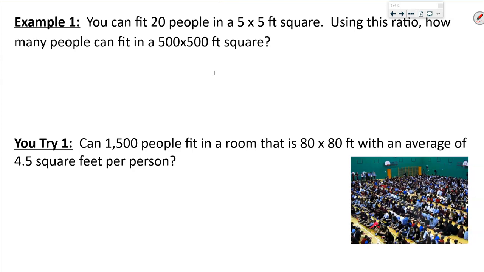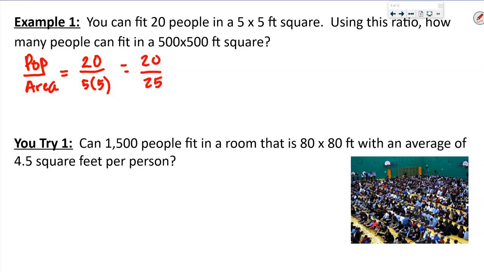When we set this problem up, we're going to talk about our population over our area. That's going to be equal to our 20, that's our people. We're always going to put people on the top, and then we're going to do our 5 by 5 square foot. So that's going to be 20 over 25.